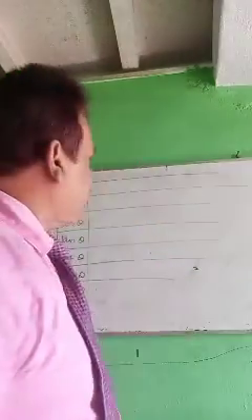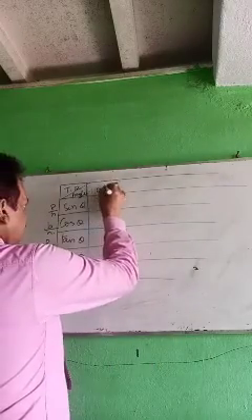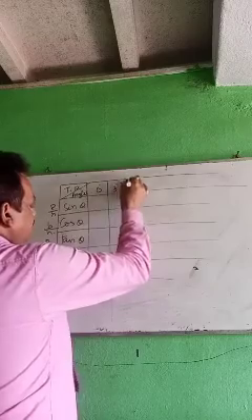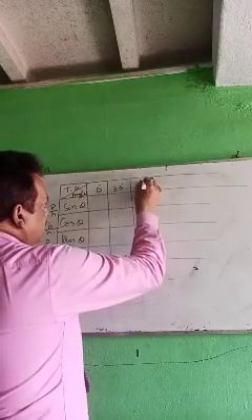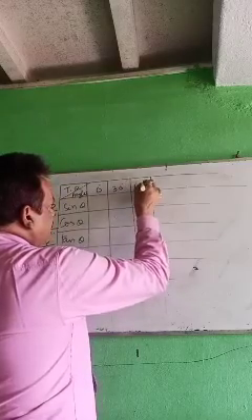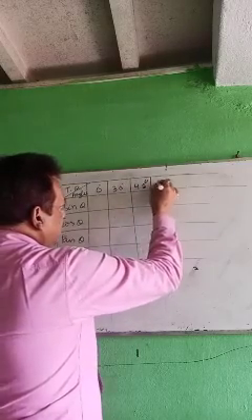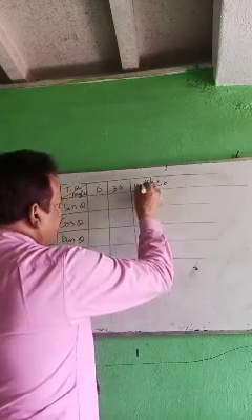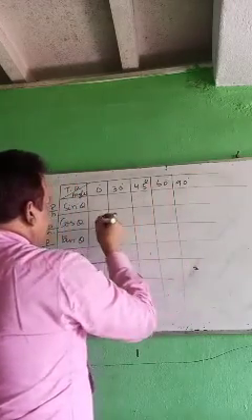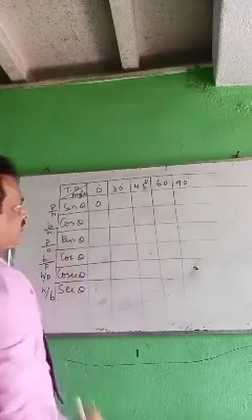Okay, then 0 degree, 30 degree, 45 degree, 60 degree, 90 degree. Sine 0 is 0, you have to remember.